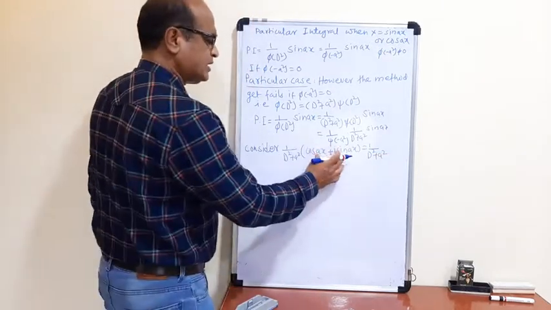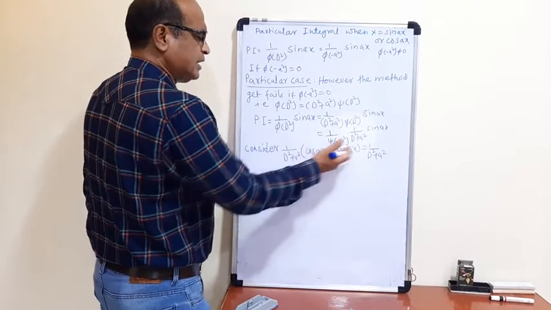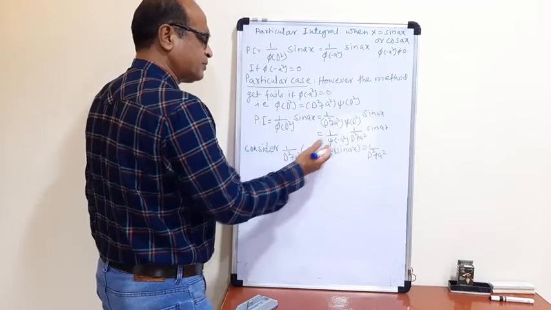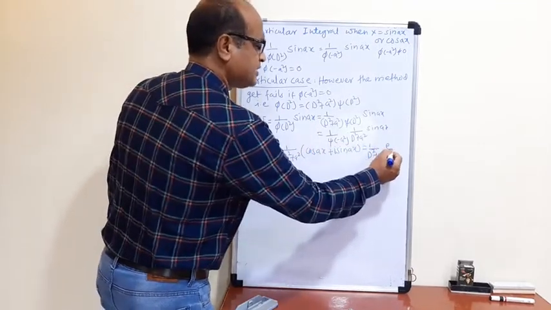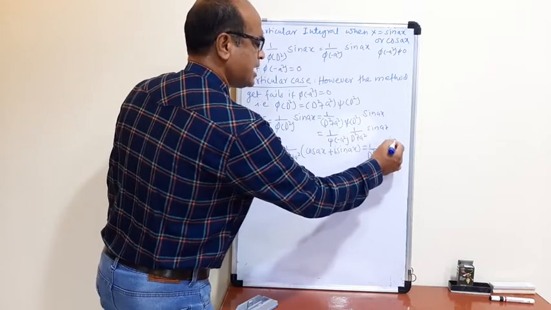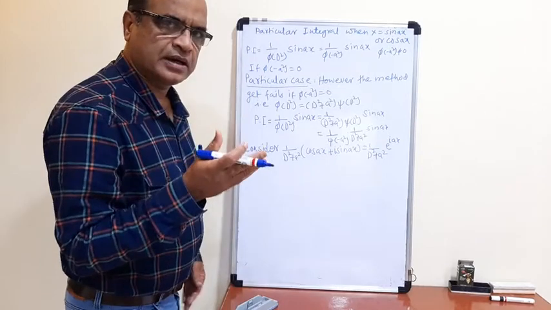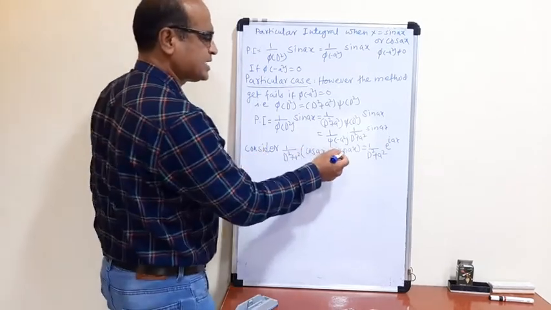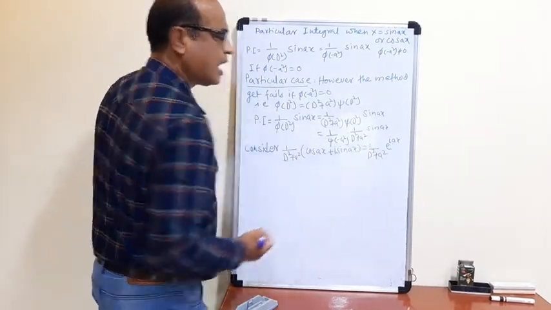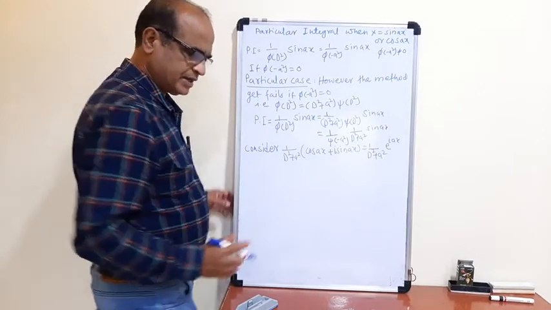This is an expression in circular functions, so we express it in terms of the transcendental function e raised to ix. We study this in complex numbers: cos x plus i sin x is equal to e raised to ix. It is very simple here.